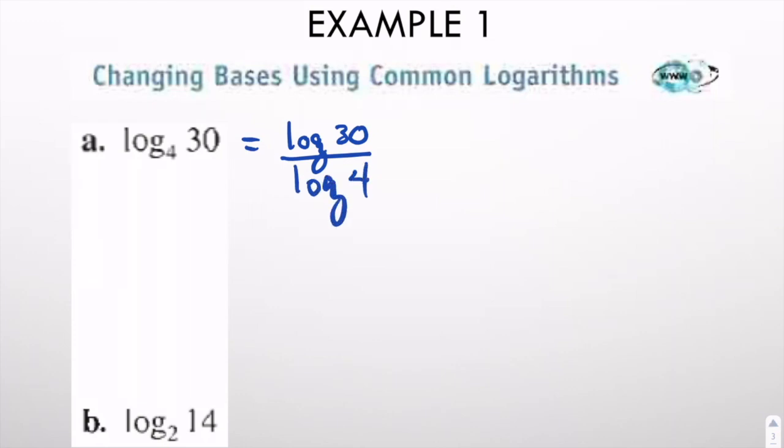And so if we do that, we'll punch that into a calculator. I'm going to divide log of 30 by log of 4. And I get 2.453445298.